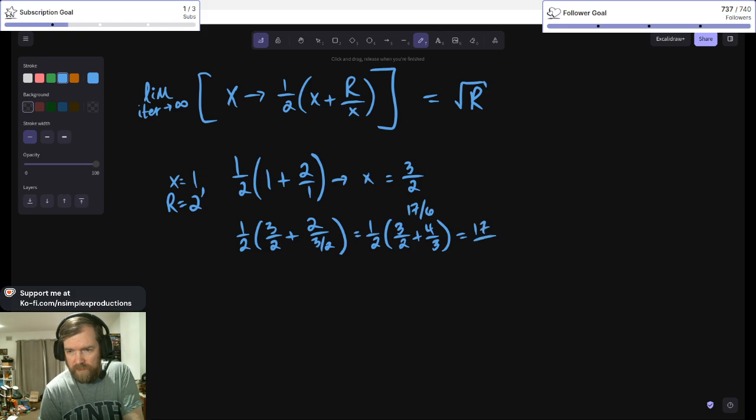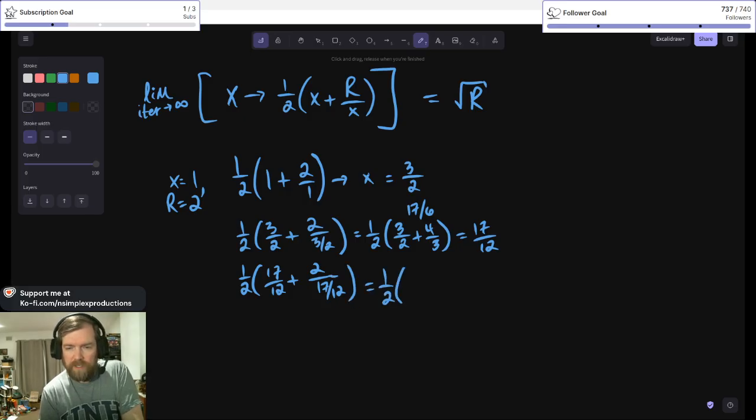17/12. 1/2 (17/12 plus 2 over 17/12). And we're just going to automate this eventually, but you know. 12 and 17 is going to be 14. 7 and 2 make 9, 10.